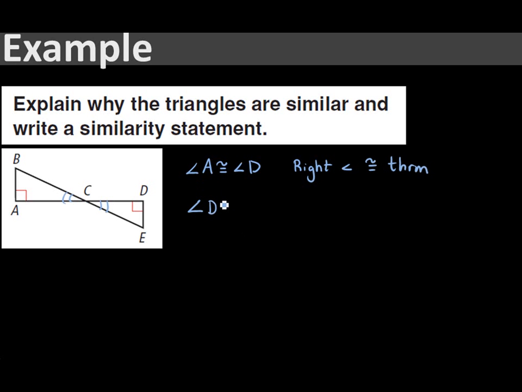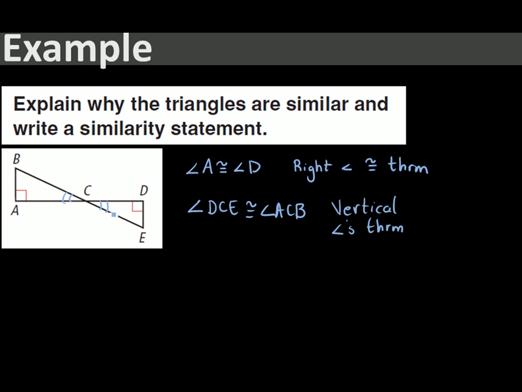And then we know that these two angles are congruent. Angle DCE is congruent to angle ACB because vertical angles are congruent. So that's by the vertical angles theorem.